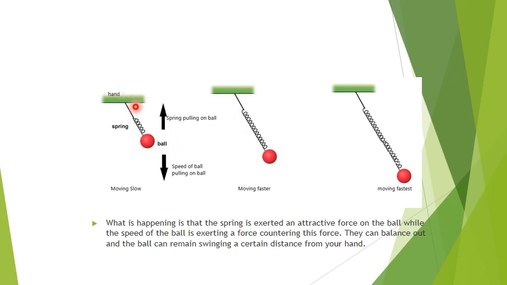For the Earth and the Sun, you don't have a spring; you have gravity. Here's the Earth, and here's the Sun. If the Earth started to speed up, it would move further and further away, but it would still be attracted to the Sun, and it would keep going around in circles.